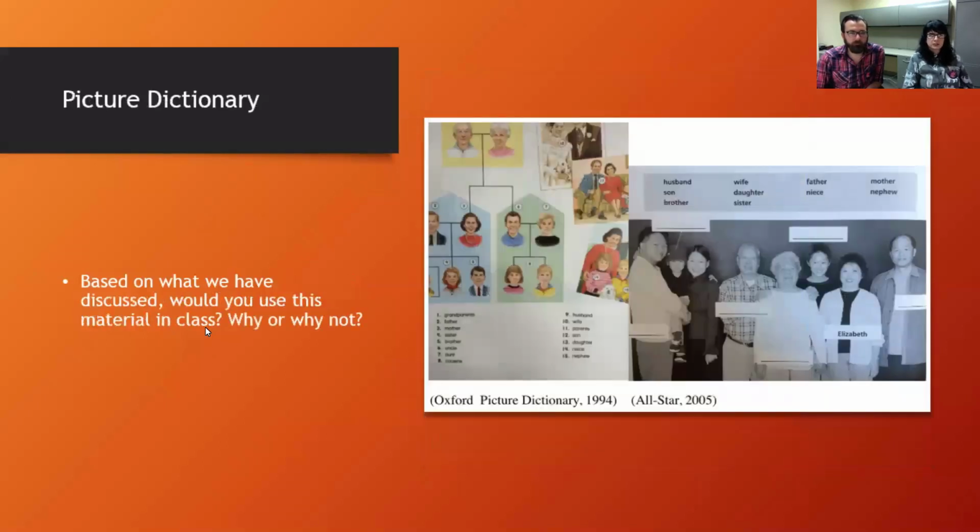So here's a couple picture dictionaries. One is the Oxford Picture Dictionary. This is an older one, so I don't actually have the newer one. It could have changed. And then we have All Star 2005. So these are pages about family structure, things like that. So once again, would you use these? If you use them, would you supplement?